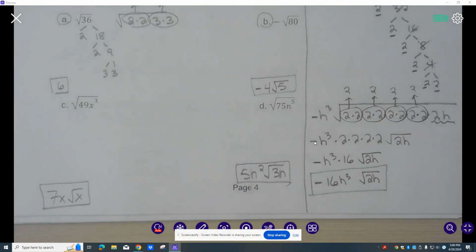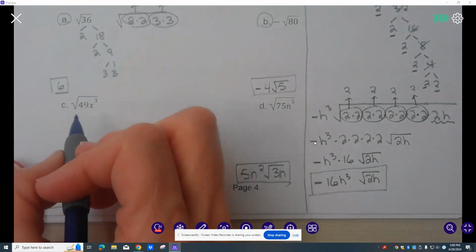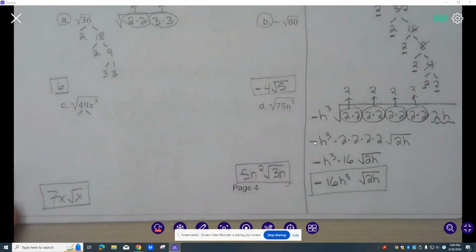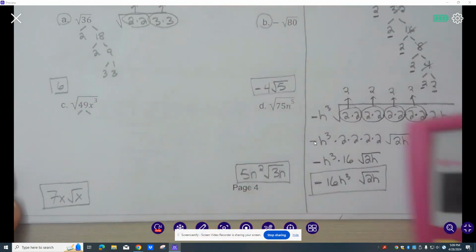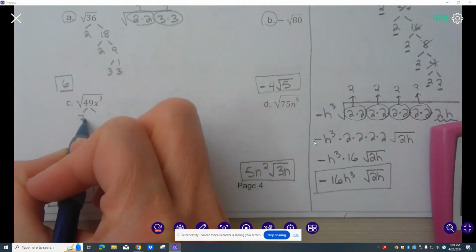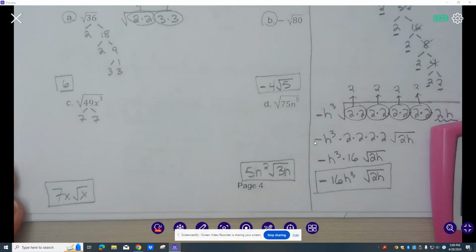Okay, if you need to see the trees, you might have discovered when you were treeing 49 that 2 does not go into 49. 49 divided by 2, I get a decimal. 49 divided by 3, I get a decimal. If you keep dividing, you're going to get all the way to 7. 49 is 7 times 7.